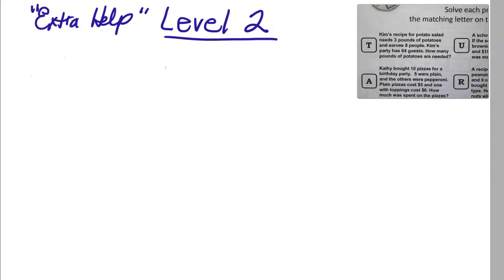All right, so the first one: Kim's recipe for potato salad needs 3 pounds of potatoes and serves 8 people. Kim has a party with 64 guests. How many pounds of potatoes are needed? In this problem, you need to understand that 3 pounds are needed to serve 8 people.